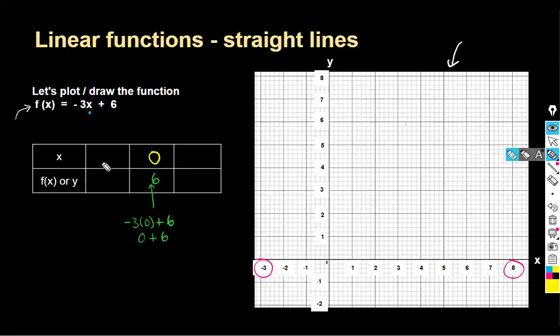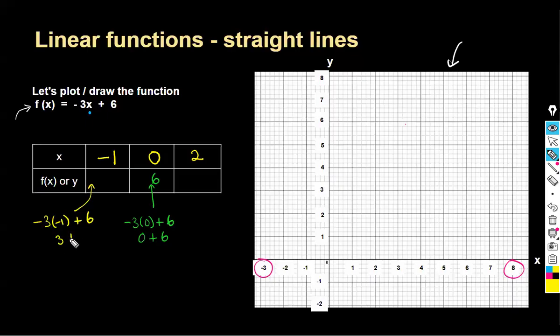So how about we choose -1 and we choose 2. See if the -1 and 2 now give you some answers that could fit on the graph paper. -3 times x, x is -1, plus 6. I don't think this one fits in either.